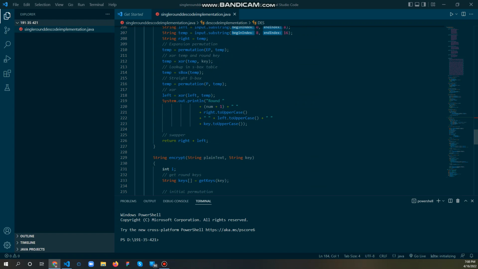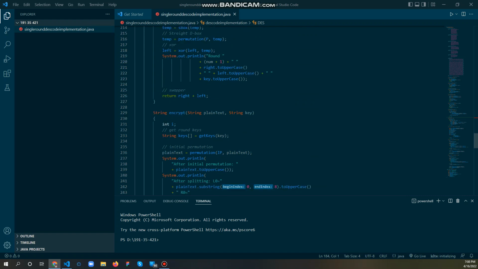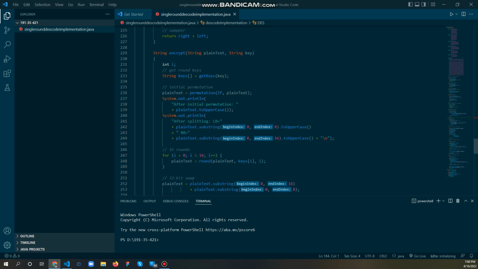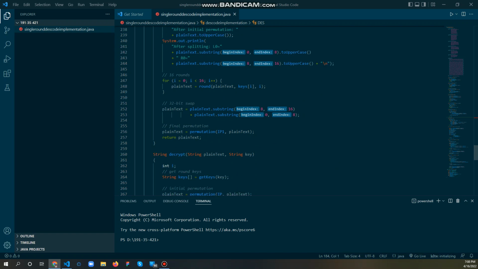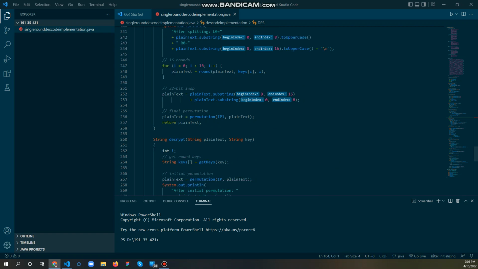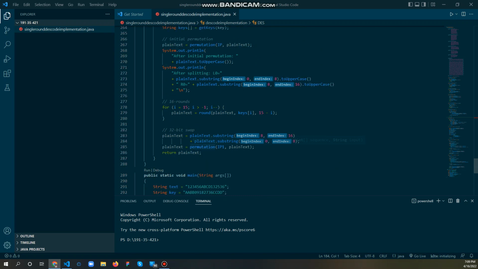Get round key, initial permutation. This is the initial permutation. 16 rounds and 32-bit swap, final permutation.